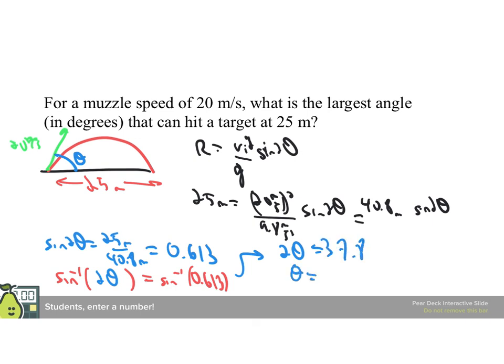So theta is 1/2 of that, which is 18.9. But that's actually not the correct answer because that's a low angle. We also know the complement would hit that, which I might call theta star, which is 90 minus theta, also hits there. That's 71.1 degrees. And that's the largest angle that could hit it. And then anything in between theoretically could if we adjust the speed a little bit.